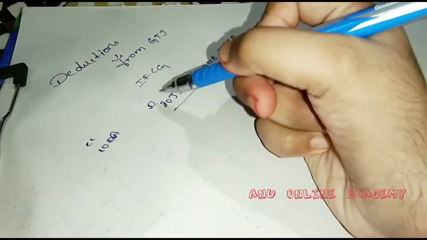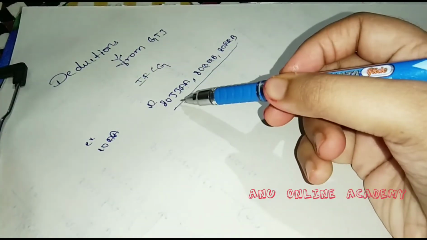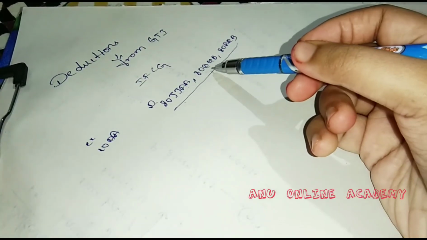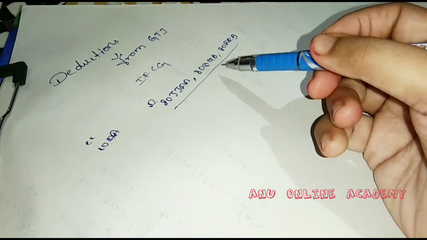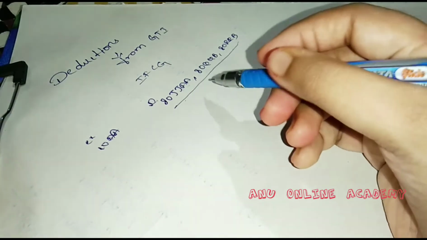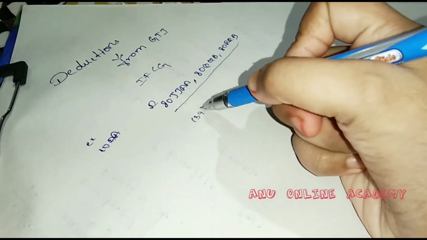And deduction under section 80JJAA, 80QQB, 80RRB will be allowed if the income tax return is filed on the due date as per section 139(1).